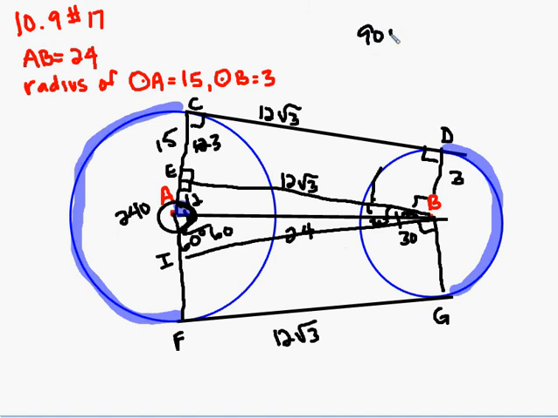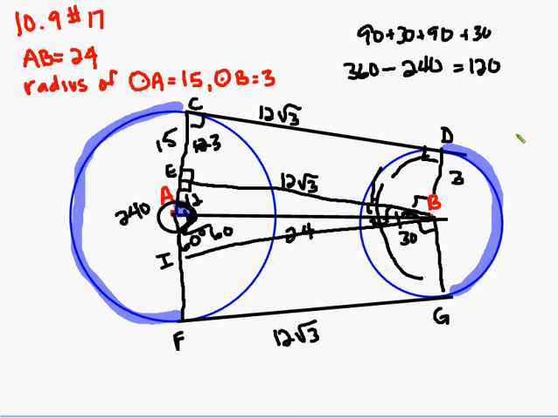So we have 90 plus 30 plus 90 plus 30, which gives us 180 plus 60, or 240 degrees for this measure here. That leaves us with 120 degrees for the arc length DG.